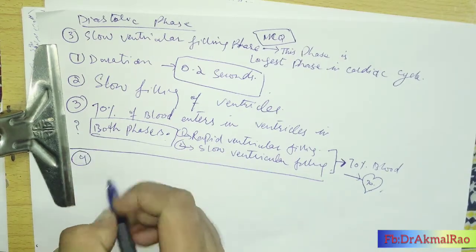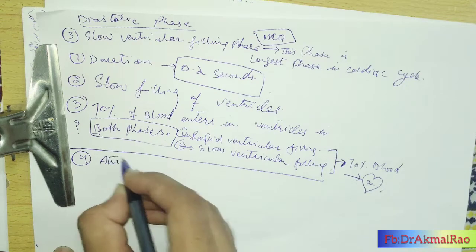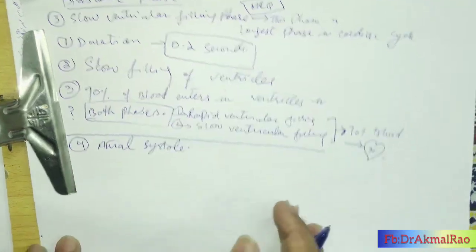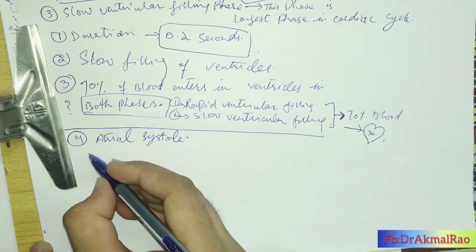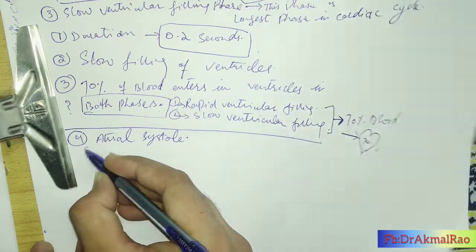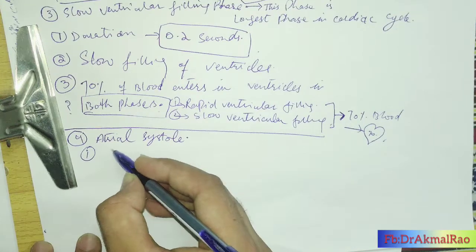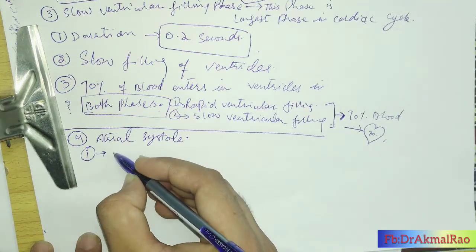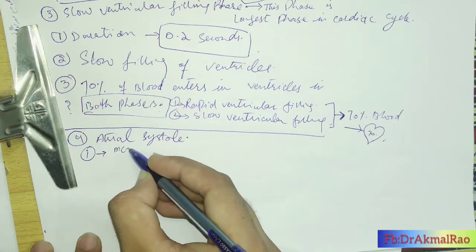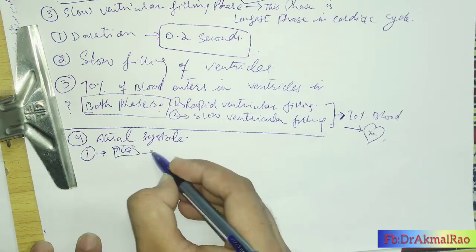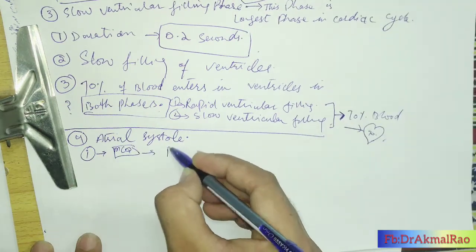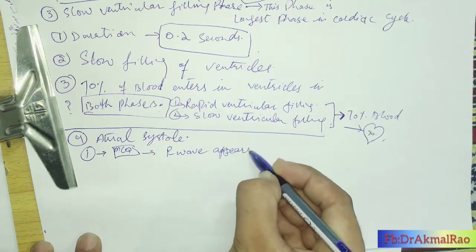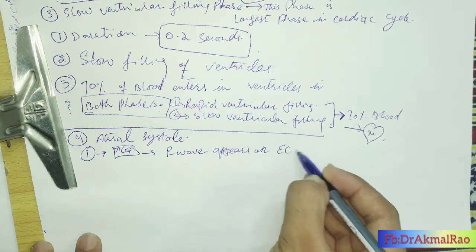And the fourth diastolic subphase was atrial systole. What are the changes that we will see in this phase? First of all, very important for MCQ, the P wave appears on ECG.